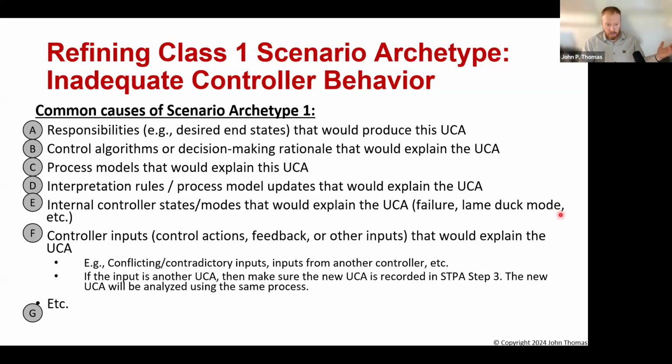If something goes wrong, it'll default to the lame duck mode, so that it provides degraded functionality. And that may have a side effect of causing some UCAs, or causing it to ignore feedback that might actually be working, right? Controller inputs, that would explain this, conflicting, contradictory inputs, all that stuff we had before, it's still in here. We still want to consider it, but we'll do it in a refined scenario now, instead of going backwards one step in time and branching the tree every time we go back another step in time.